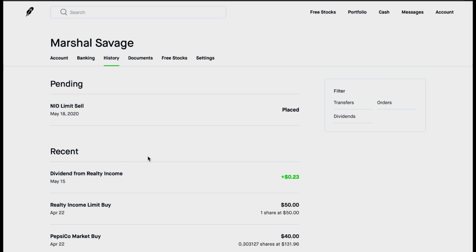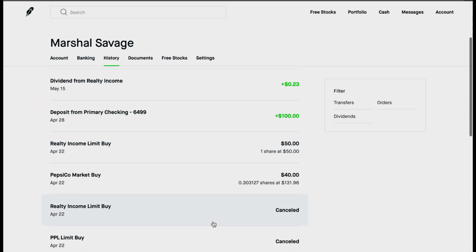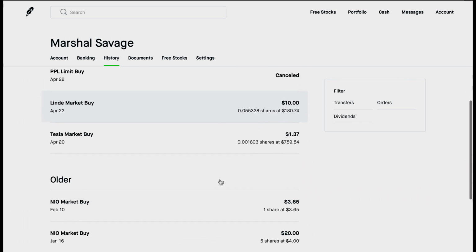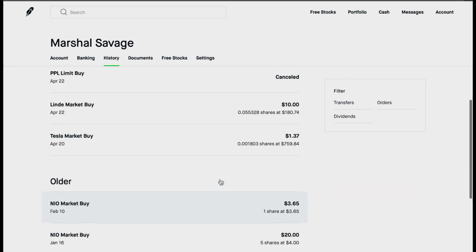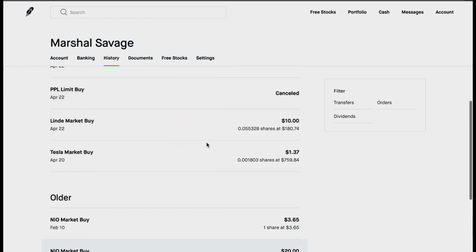Looking at the history of my account, you see I got $23, and then I deposited $100, and then these were the orders that I had placed. April 20th was when I got fractional shares, which I'd been signed up for early access for probably 5 to 6 months, and then finally received that.